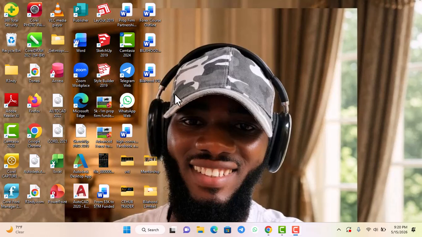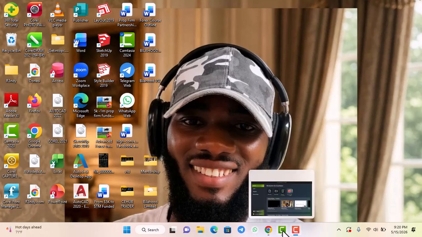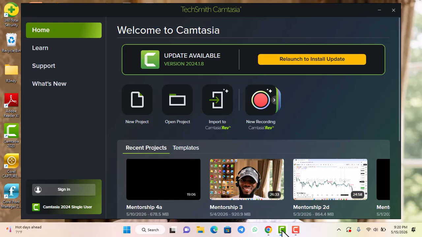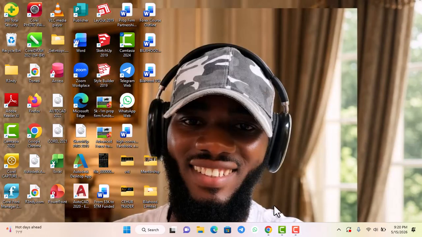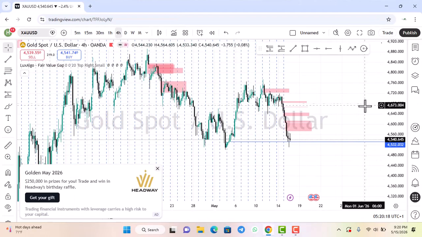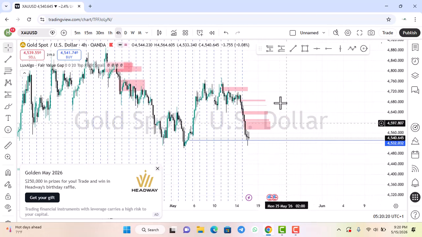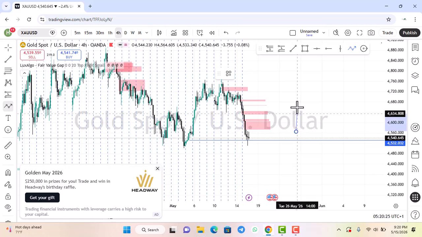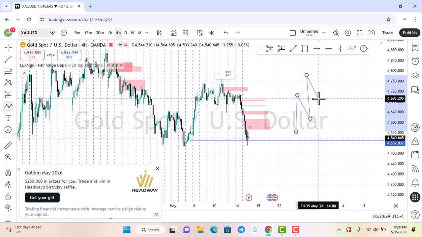Today, we are going to continue with mentorship 4B, market structure. In the previous session, we already discussed market structure in an uptrend and market structure in a downtrend.